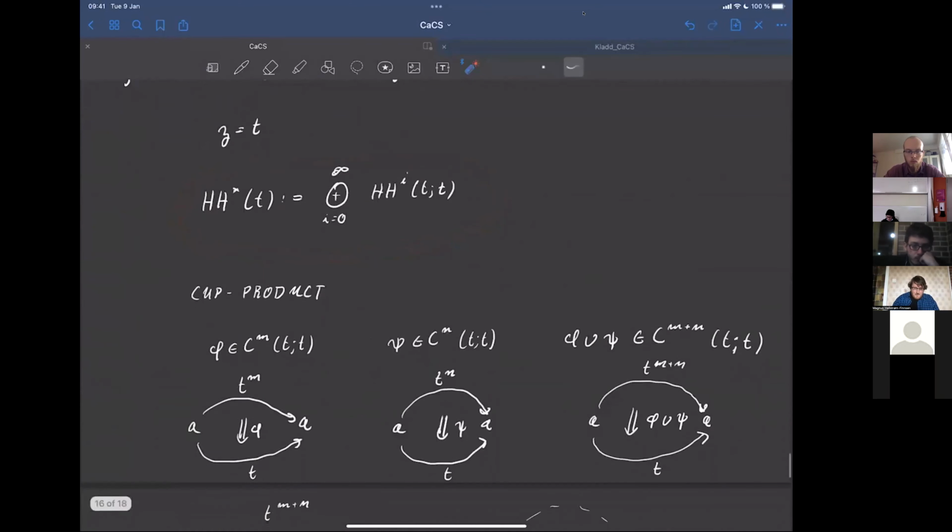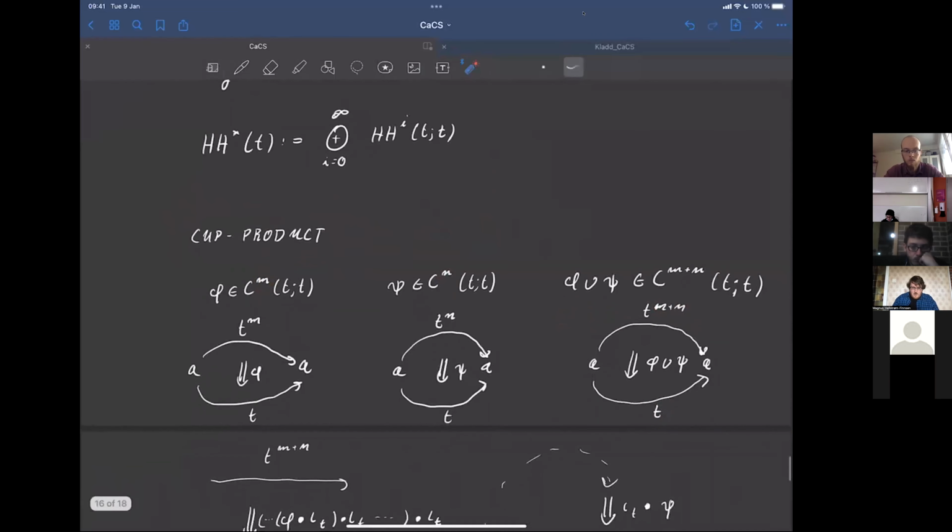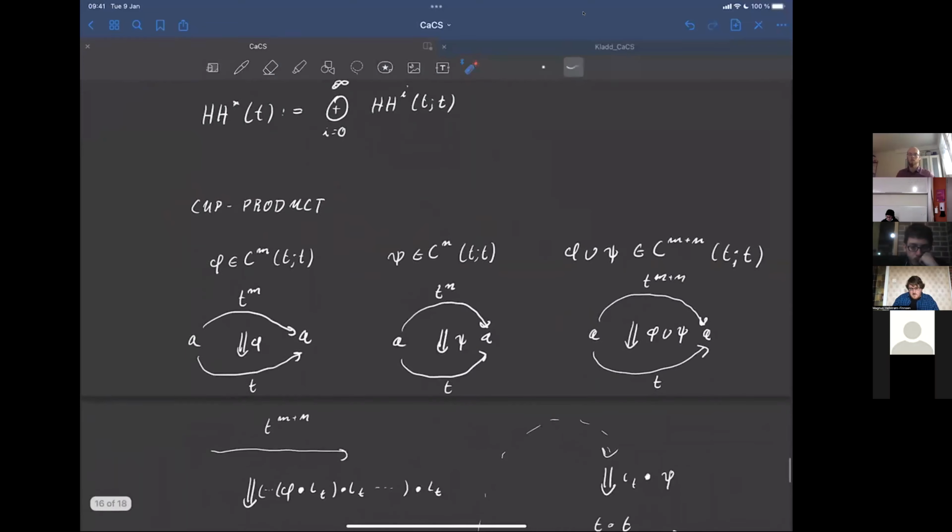When we pick representatives from each part of this cohomology ring in degree n and m, we can define a coproduct, which then gives a map from degree n plus 1 into T. These are representatives for the quotients in this group.